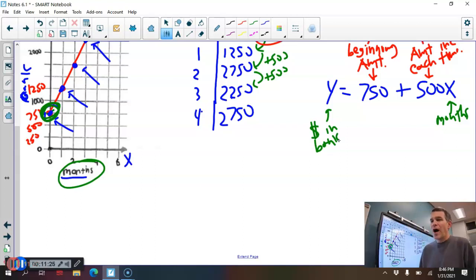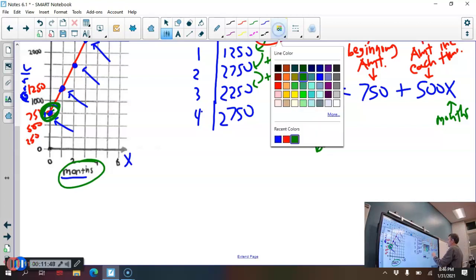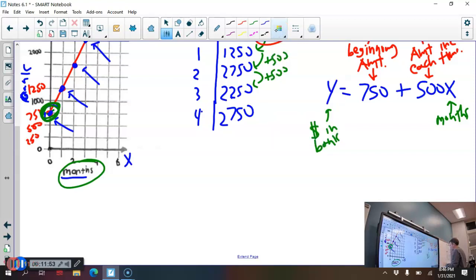Now, the second thing is, why do we want an equation? We want an equation so we can make predictions about a situation. For instance, maybe this person wants to know how much money they will have in the bank in 3 years. Maybe they're saving up for a car. So they could use their equation to calculate that. 3 years is 36 months.